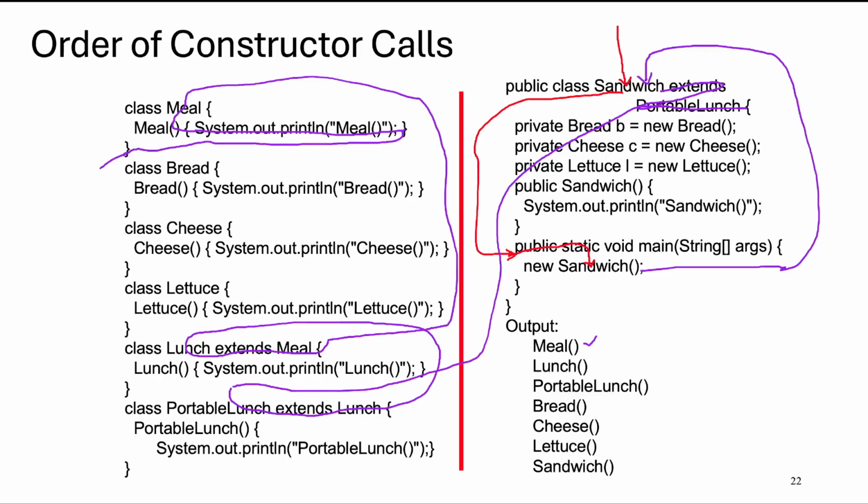Once it is done, we know that meal was called by the class lunch. So it comes down to the lunch, enters into the constructor, prints the statement lunch. Once this is done, the compiler comes out of the lunch class, goes to the subclass portable lunch, enters the constructor, prints the statement portable lunch.